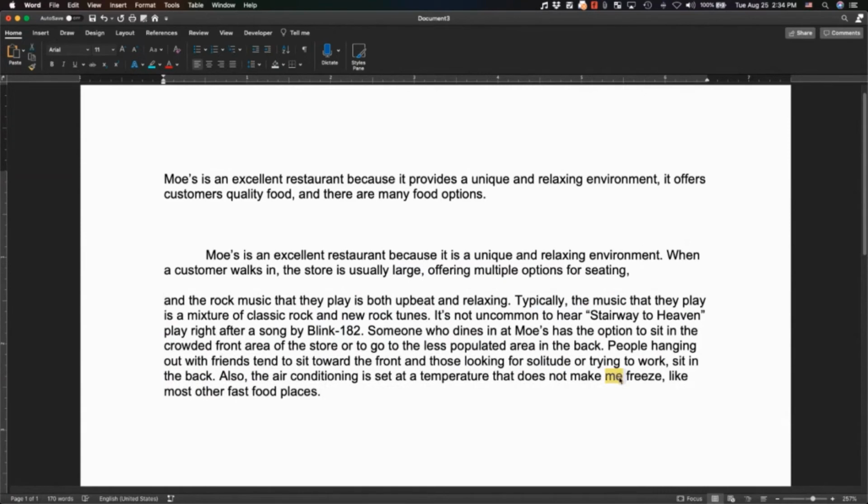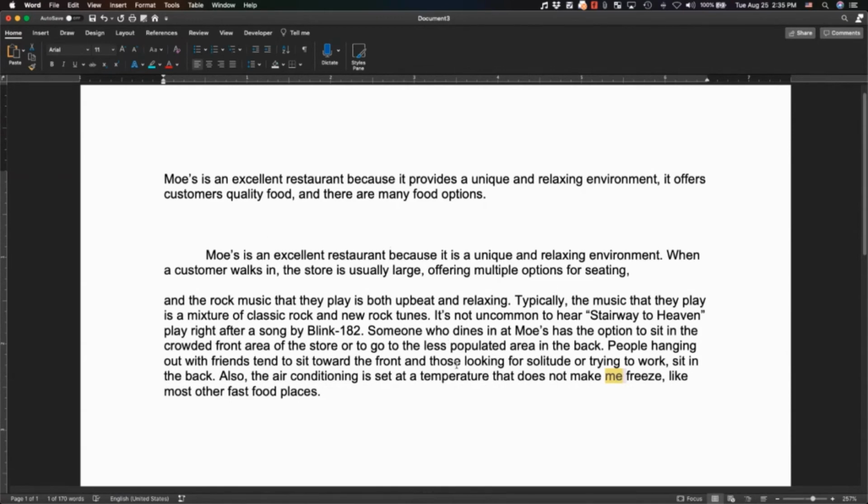I want to go down here to this first person that we have in this last sentence. So the air conditioner is set at a temperature that does not make me freeze. All right, so what does that mean? Okay, I am a person who is always constantly cold. So if I can find a place that has air conditioning that's a fairly comfortable temperature, then that works for me, right? And that's where I was coming from when I wrote this. So how can we say that?